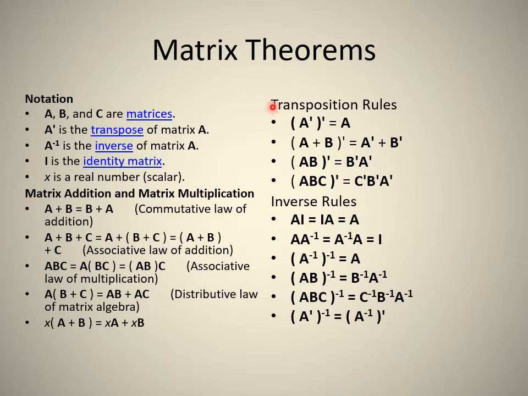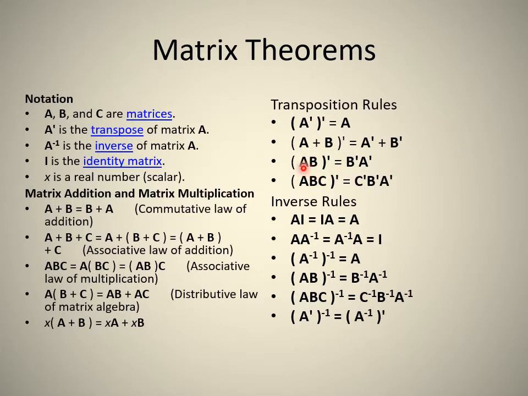Here are some transposition rules. You can read through that. The transpose of A transpose will be A. So the transpose of A is where the columns of A become the rows, and vice versa. And if you have the transpose of that, you end up with A again. A plus B's transpose is the same as the transpose of each of these matrices.